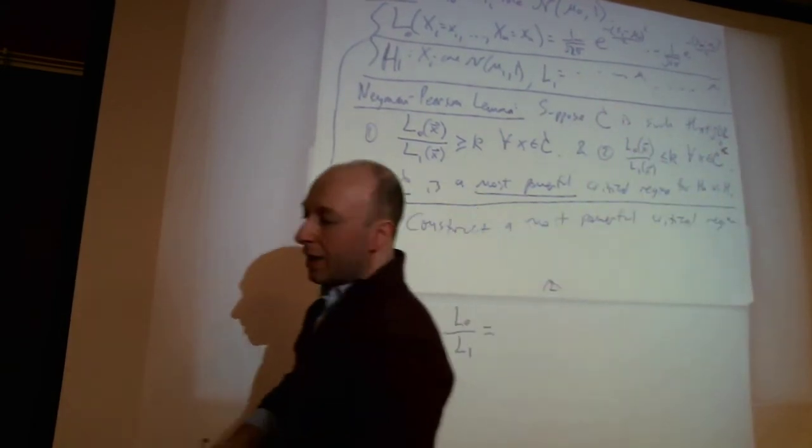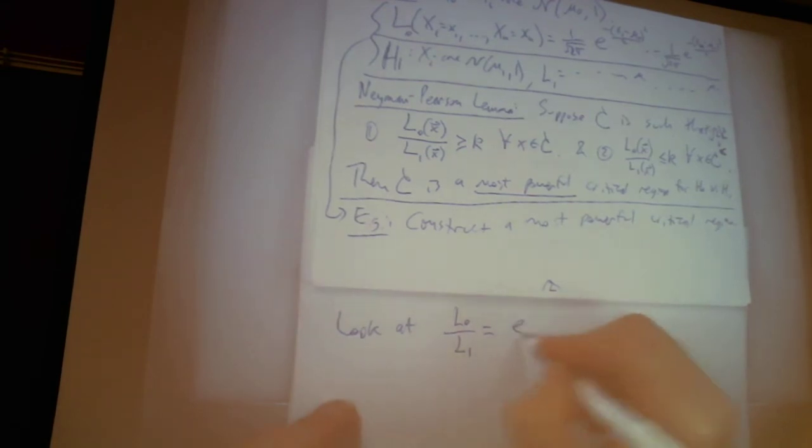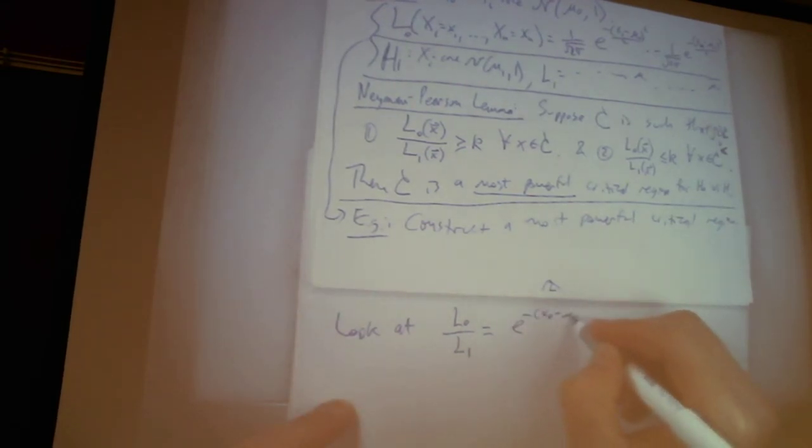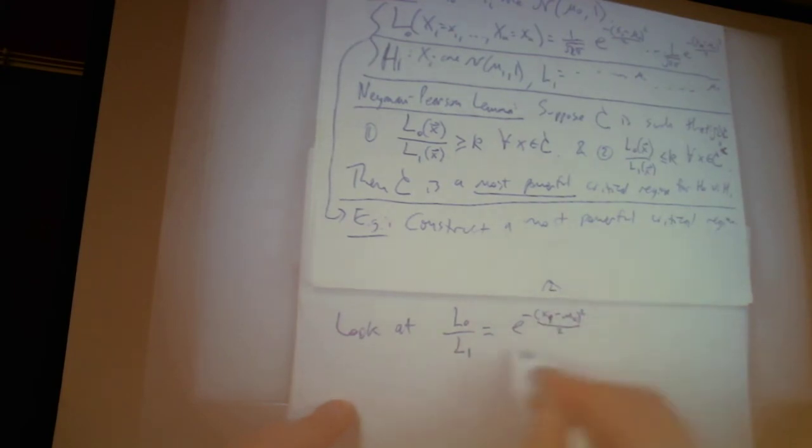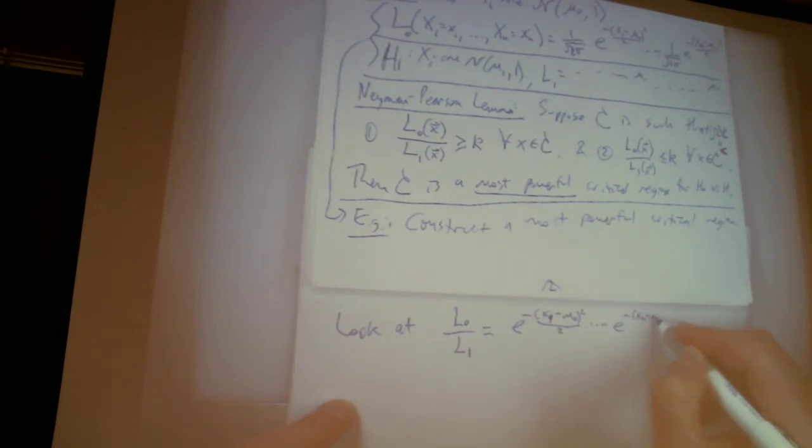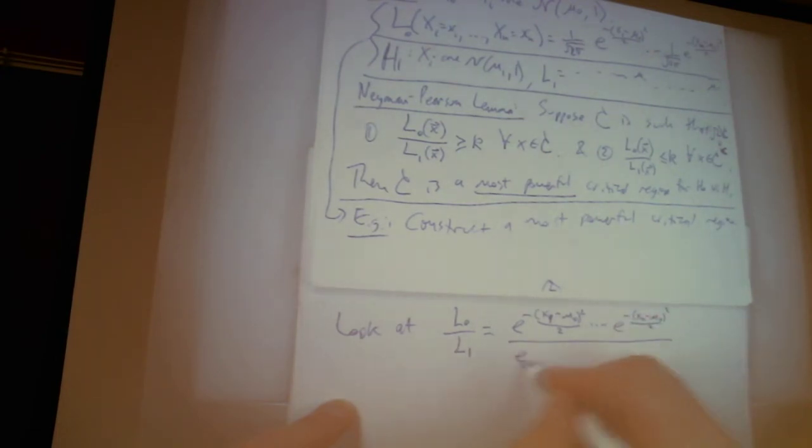So what I get on top is e to the minus x1 minus mu0 squared over 2, and there's n of them, xn minus mu0 squared over 2. On the bottom, I get e to the minus x1 minus mu1 squared over 2, all the way out to e to the minus xn minus mu1 squared over 2.